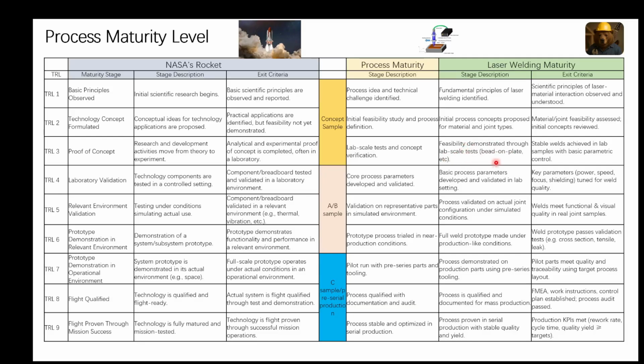Then feasibility demonstration. Through lab scale tests, you need to weld some prototypes in the lab and see if it is possible to weld these two materials together. Then the basic process parameters. This is starting to get serious.